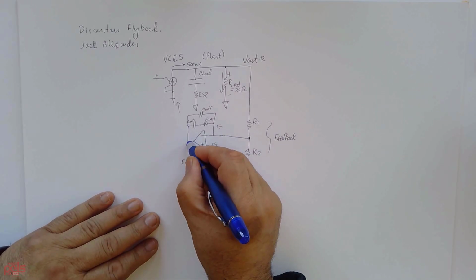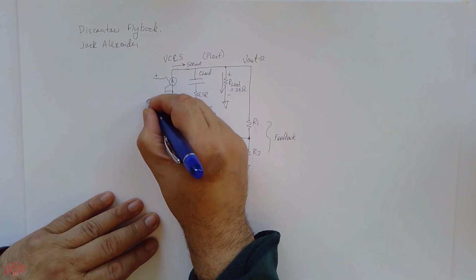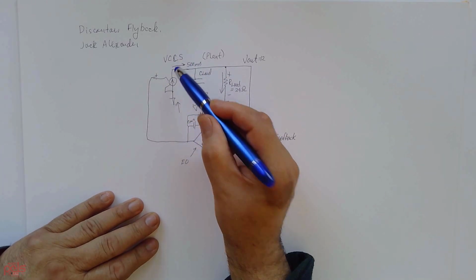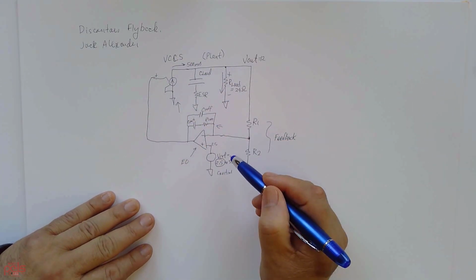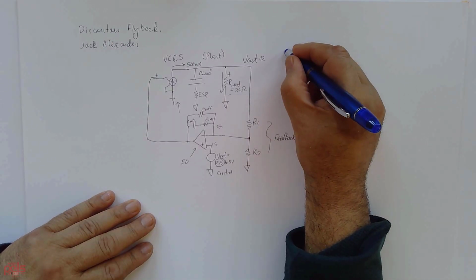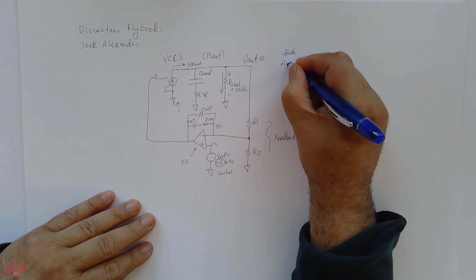Then the output of your error amp is fed back to the input of the voltage control current source. So this model is a behavioral model, or actually an average model.